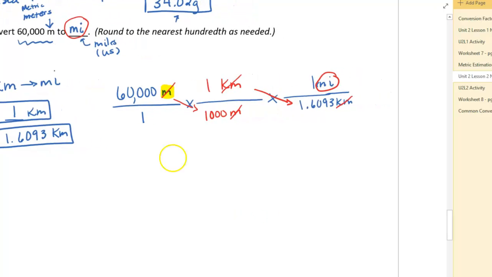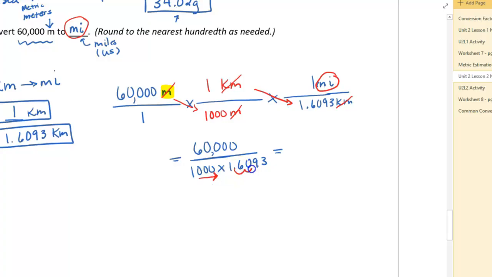So on the top, we're going to have 60,000 times 1 times 1, which will just be 60,000. On the bottom, we have 1 times 1,000 times 1.6093. So since we're multiplying down here, our decimal is going to go 3 places to the right.